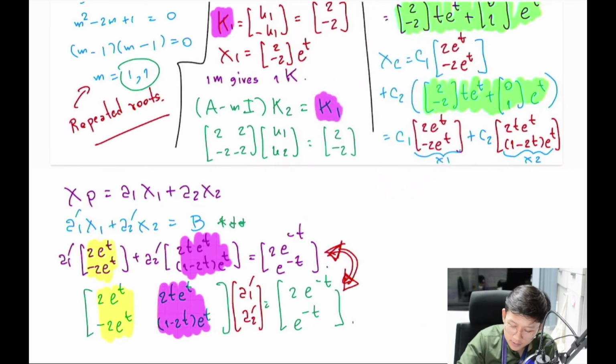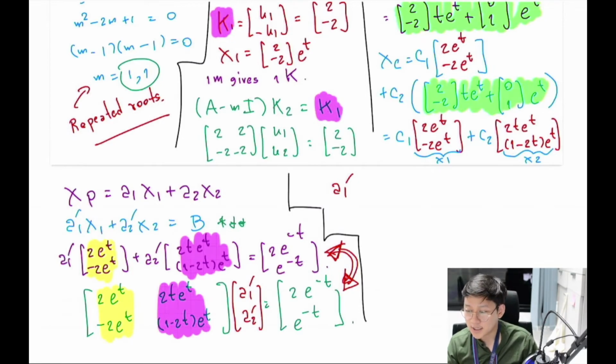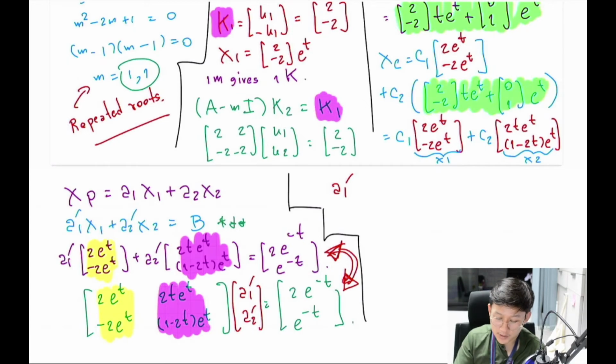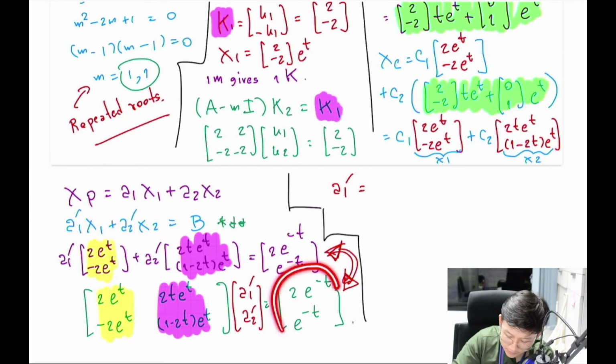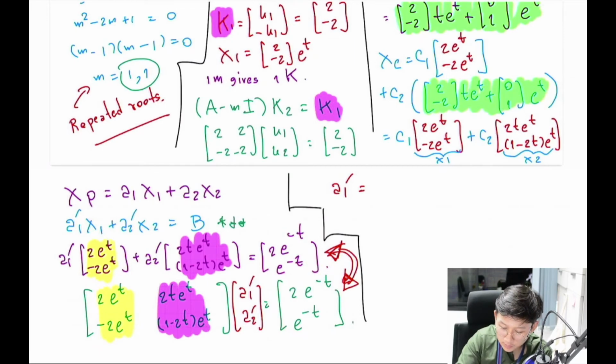Next, I'll just look at a1 prime. What would a1 prime be? You need to replace the first column, right? So your determinant would be, what is it?